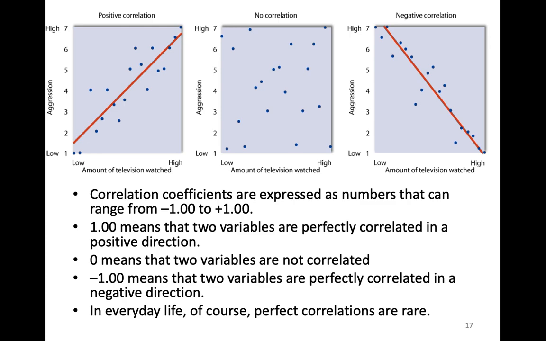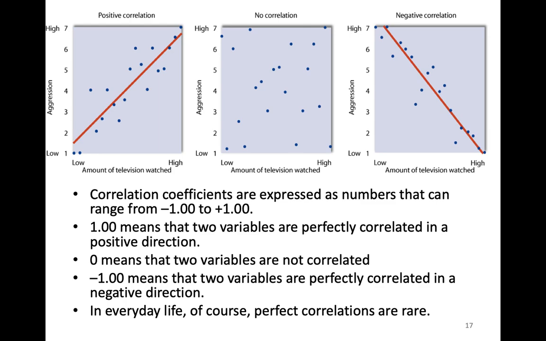Here, what we might actually see is a negative correlation, where children that are exposed to a higher amount of educational programming are actually the least aggressive because they've learned cooperation and problem solving skills, whereas those that don't watch any of the good TV, we'll say, are the most aggressive because they haven't been able to learn that content or see others model the behavior. So in that case, we've got a negative correlation. High values on one variable go with low values on another. And then, of course, you can have a zero correlation.